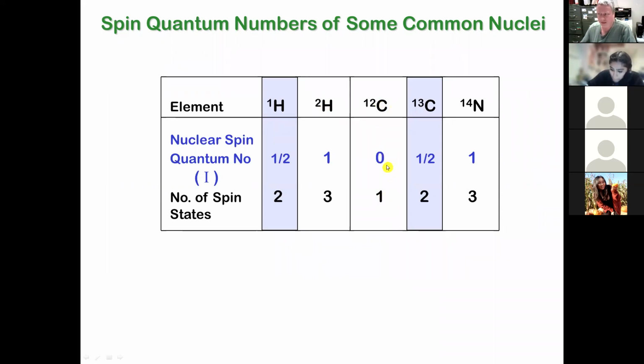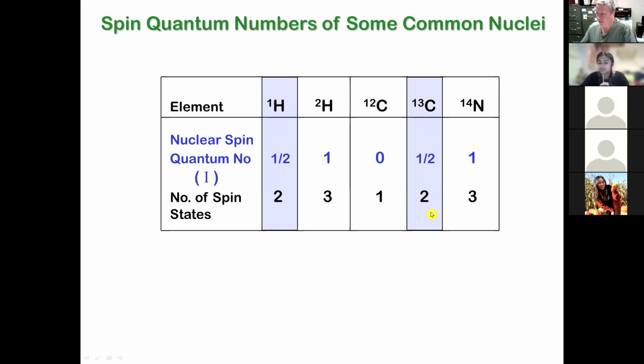Its spin quantum number is 0, and there's only 1 spin state. NMR doesn't work on carbon 12, but fortunately, because NMR is so useful, there's also carbon 13. There's less C13 in our world, but there's enough of it that we can actually do NMR analysis, and it has 2 spin states also.